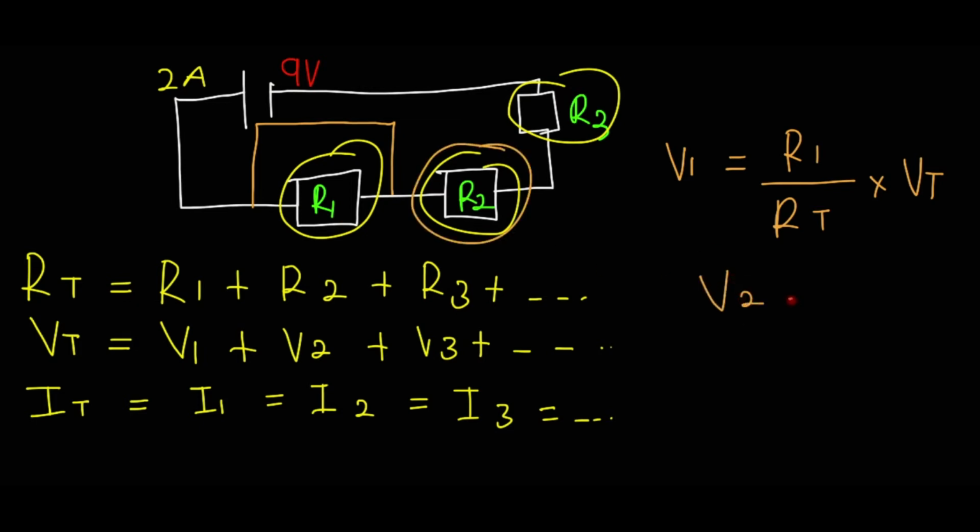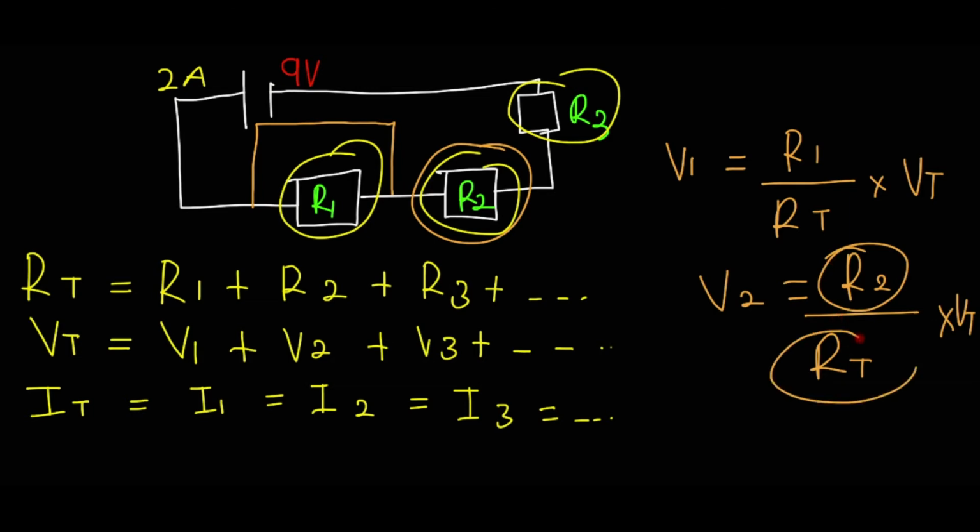This means for V2 it is R2 divided by R total times V total. Let's say you have the value of R2 as 5, we substitute with 5 and then R total, and then your V total let's say is 9, and we substitute with 9, and then we'll find the voltage at V2.